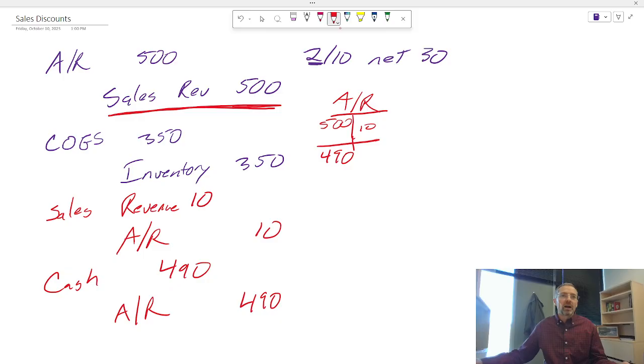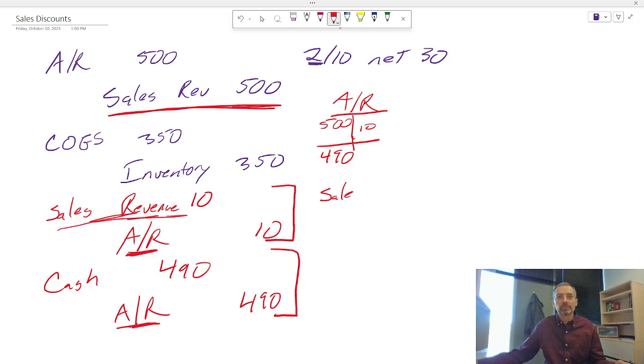But just like the purchasing, this is a two-step process that can be combined into one. We have accounts receivable listed twice here. If we're combining the two journal entries into one, we combine the similar accounts. Sales revenue is the only one, so I'm just going to bring that right over. I debited that 10.